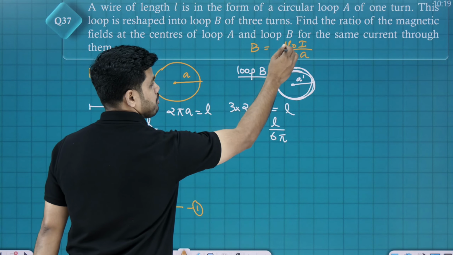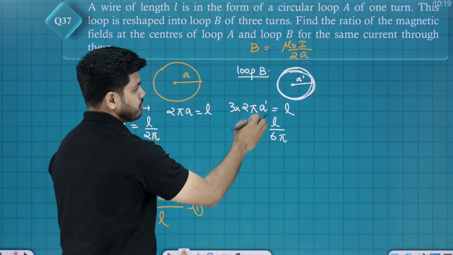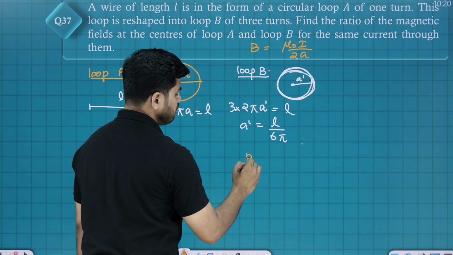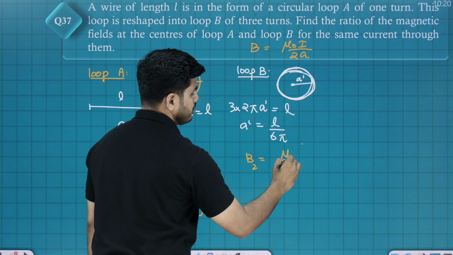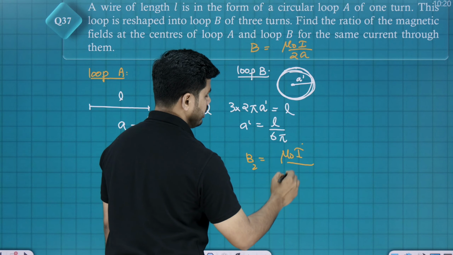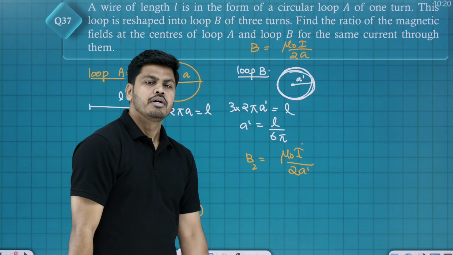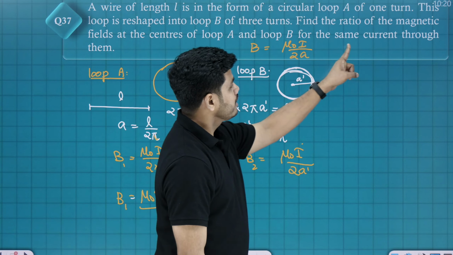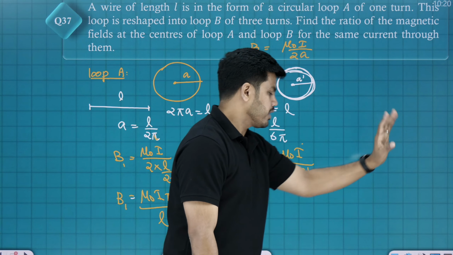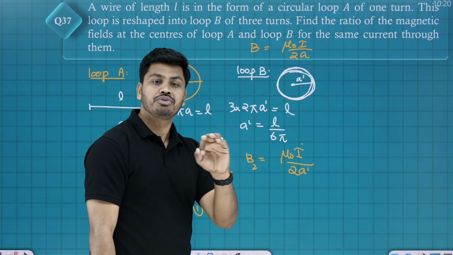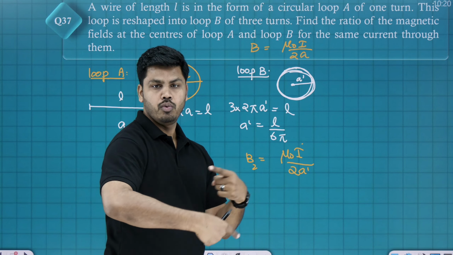Okay, now we apply that magnetic field equation. We are using that magnetic field equation to find out B2. So what could be B2? B2 is going to be mu naught I divided by 2 into A dash, right? But remember, same current, right? The same current flows through in both the cases, so there is no change in I. But in this case, we have 3 loops, right? 3 turns in the loop.